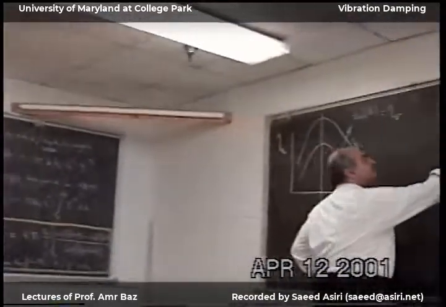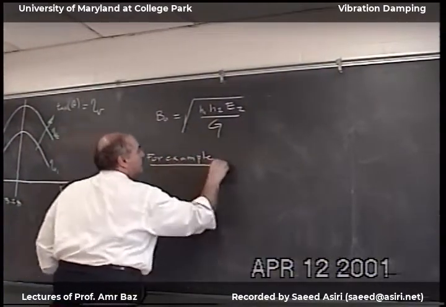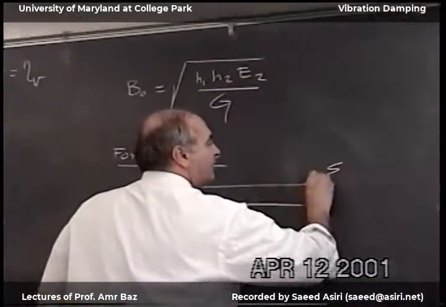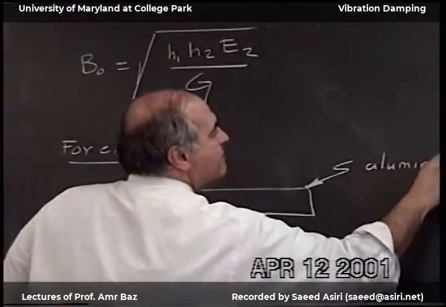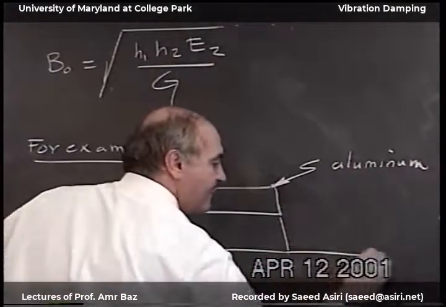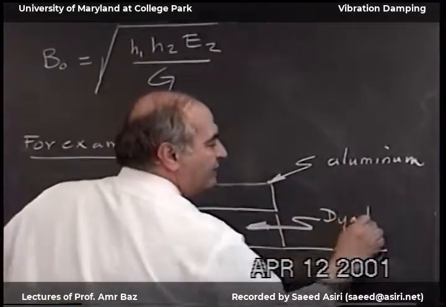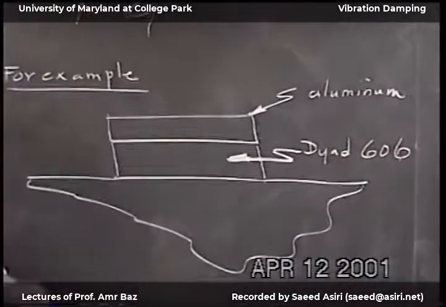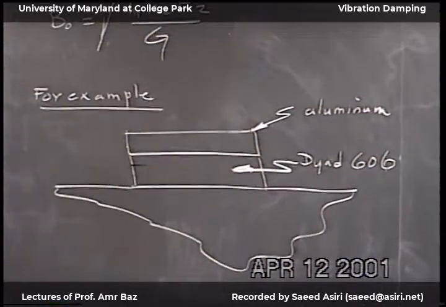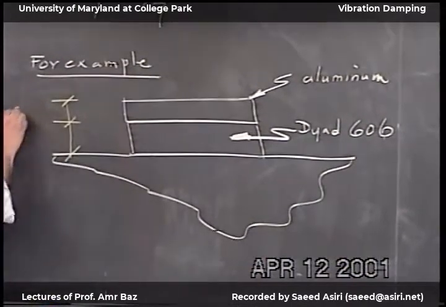So, for example, if I take a constraining layer of aluminum and a viscoelastic material, the one that we've done an awful lot, the DYAD 606, and I'm going to take these two layers, each one of them 10 thousandths of an inch.